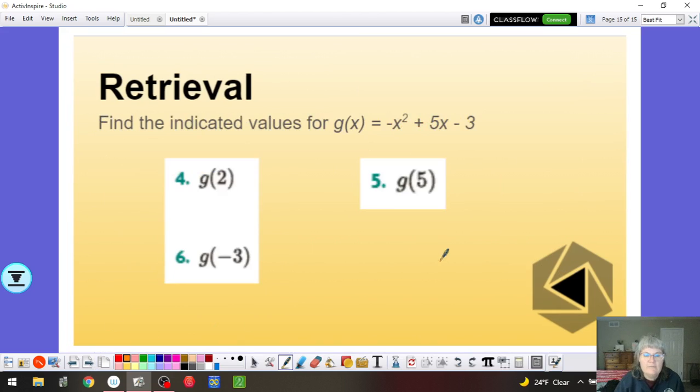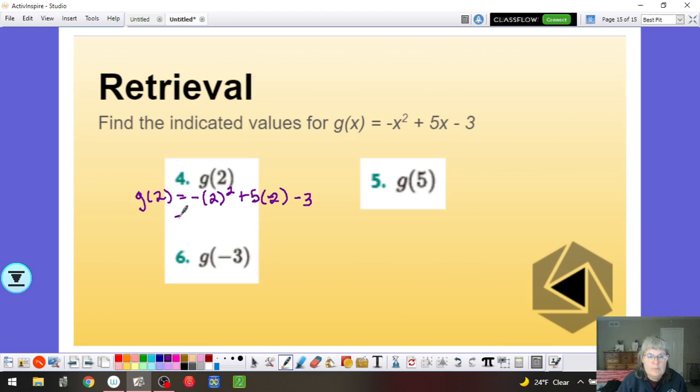And for the last of our retrieval, find the indicated values for g of x equals -x squared plus 5x minus 3. We're going to substitute these values in for x in our function. So for g of 2, we're going to have negative, and then in parentheses put the 2, because what's being squared is the number, not the negative, plus 5 times 2 minus 3.